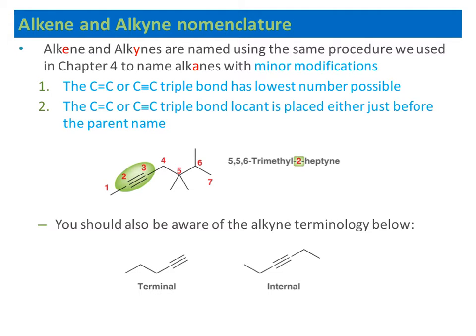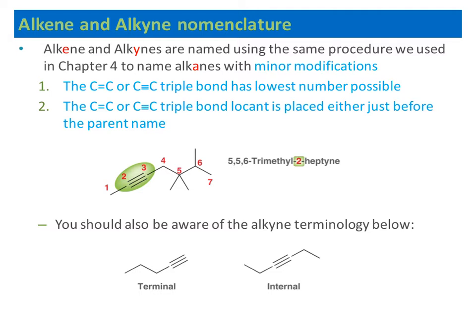Now, there are a few things that you need to consider while naming an alkene and alkyne. So first thing is that you want the double bond and triple bond to be part of the parent chain. So you need to find the longest chain possible that includes the double bond and the triple bond. Also, the double bond and triple bond should get the lowest number possible.